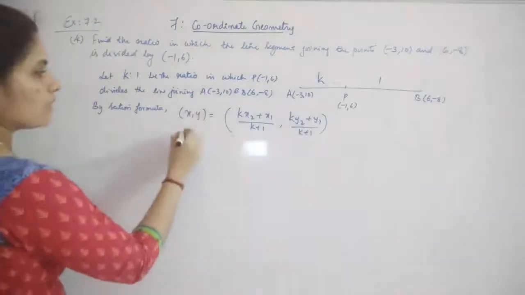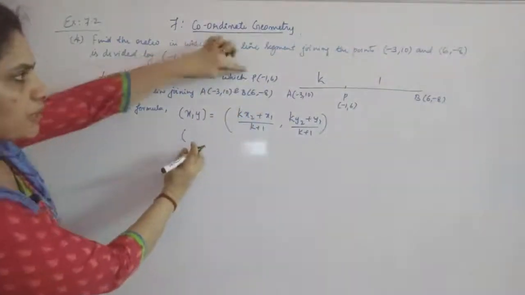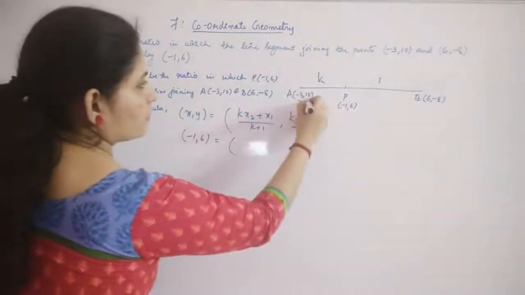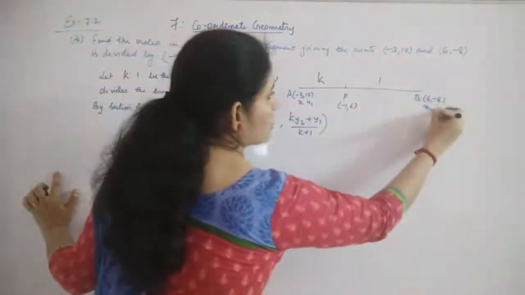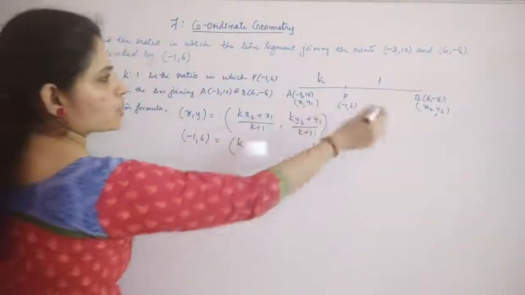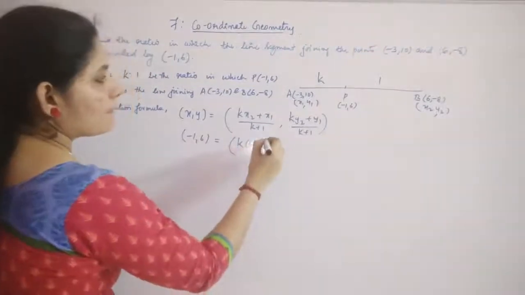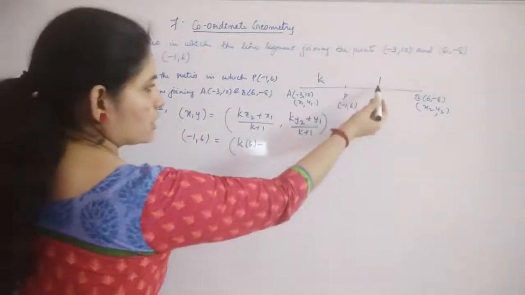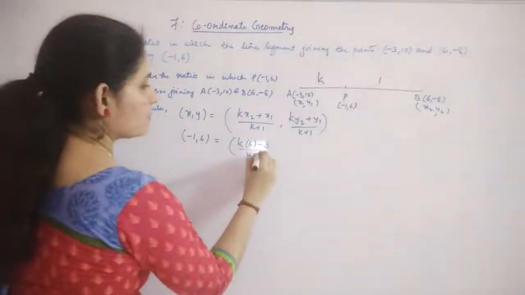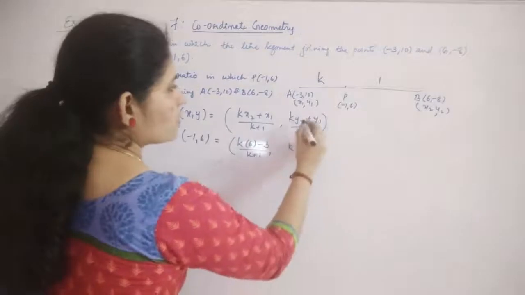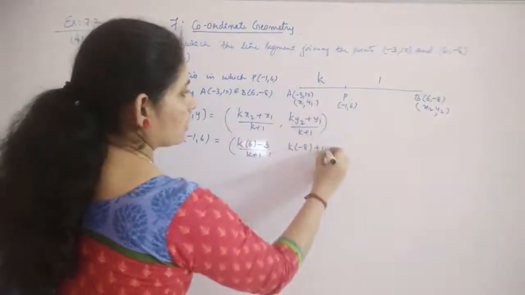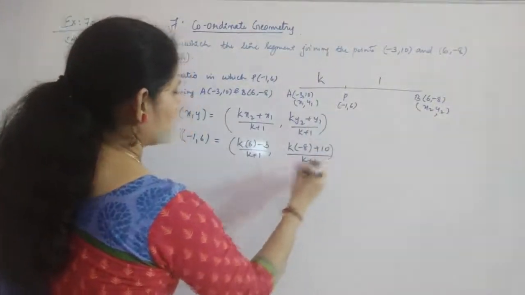Instead of x and y, in the question it is given what is that point, -1, 6. Now what are your x1, y1 and x2, y2 also you know. You are just substituting those values. Here you will get k into x2, 6, plus 1 into x1, -3, so it is (6k minus 3) divided by (k plus 1), comma, k into y2, -8, plus 1 into 10 divided by (k plus 1).